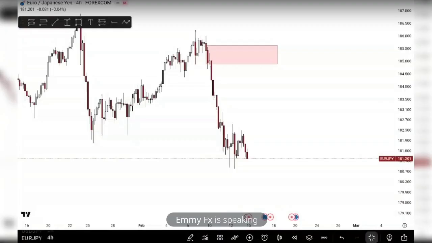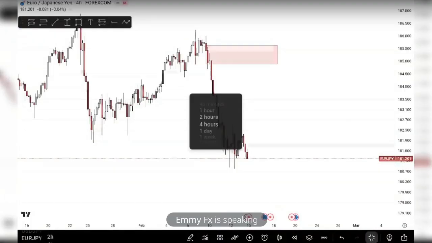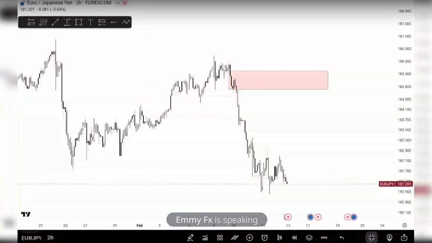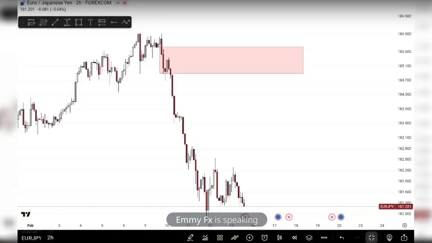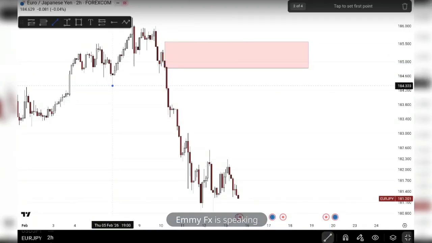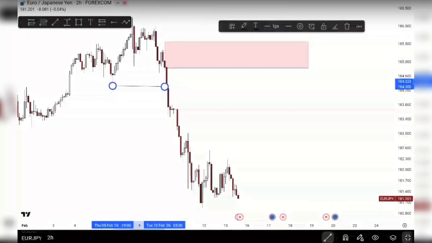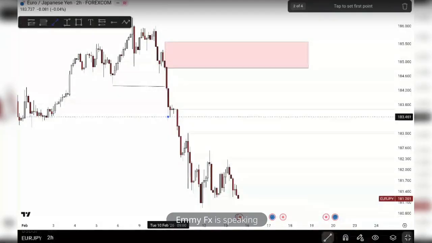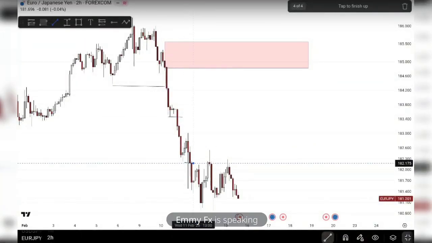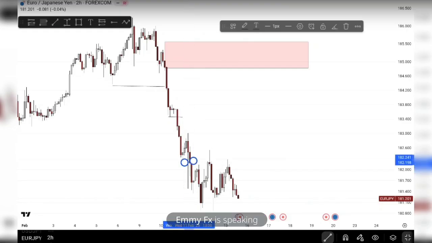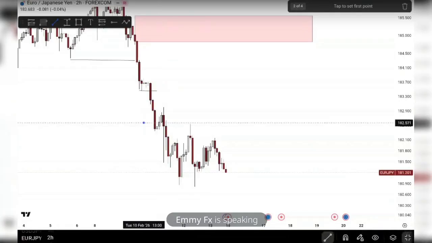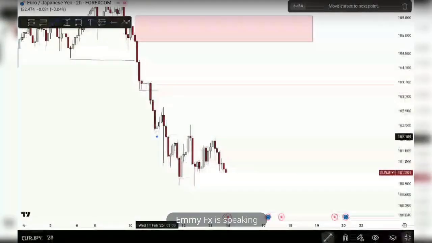I would love us to also go to the 2 hour time frame. Let's understand what the market is saying. In the 2 hour time frame, we have a market structure shift from here. We have a break of structure to the downside.